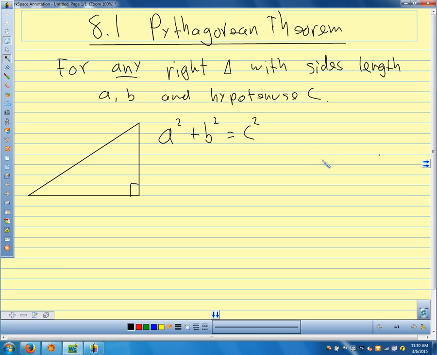So the hypotenuse is the longest side, so that's going to be C. And what's another way we can think about finding the hypotenuse? It's across from the 90-degree angle.